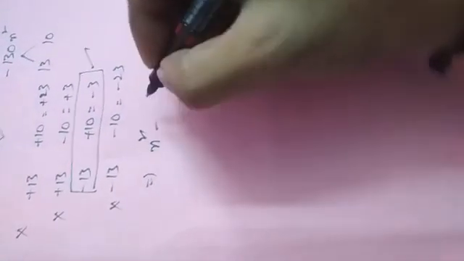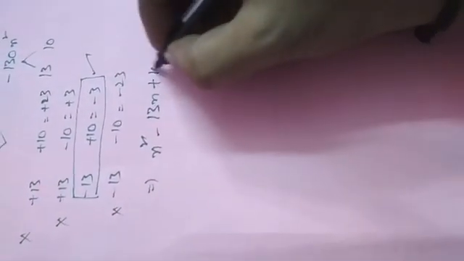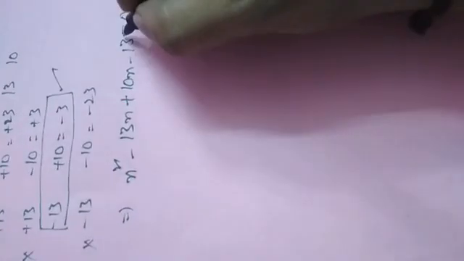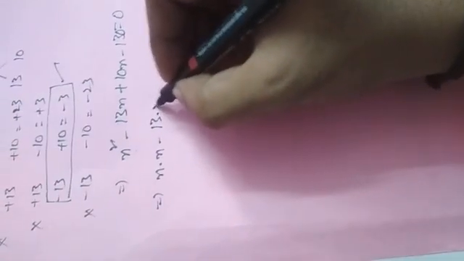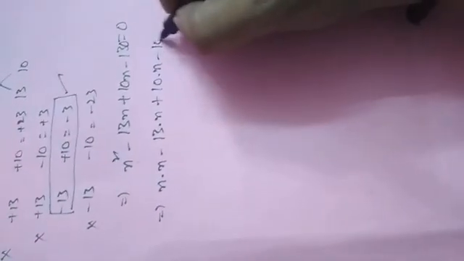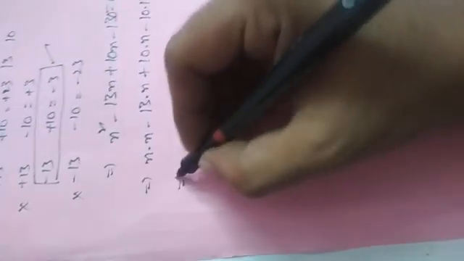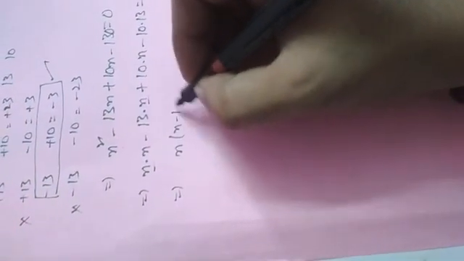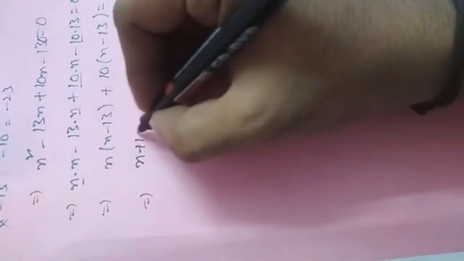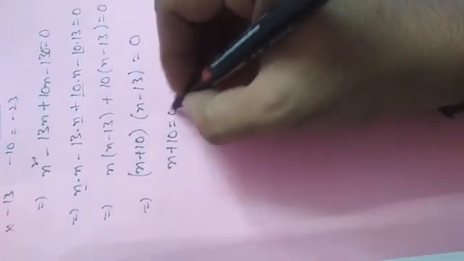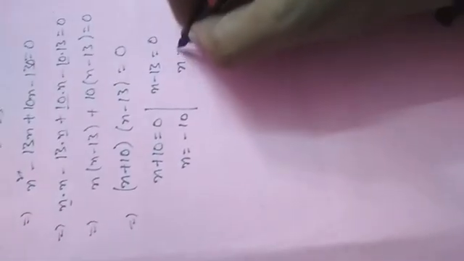That implies n² − 13n + 10n − 130 is equal to 0. Taking common factors, n(n − 13) + 10(n − 13) is equal to 0. So (n + 10)(n − 13) is equal to 0. n + 10 is equal to 0 or n − 13 is equal to 0. n is equal to −10 or n is equal to 13.